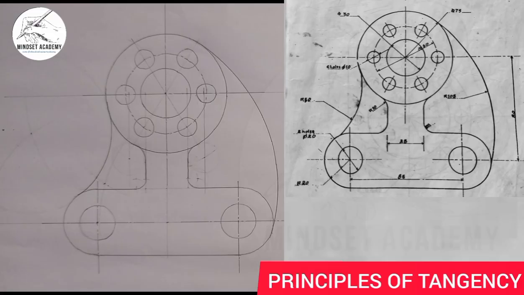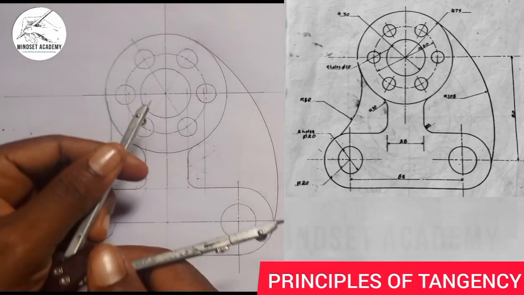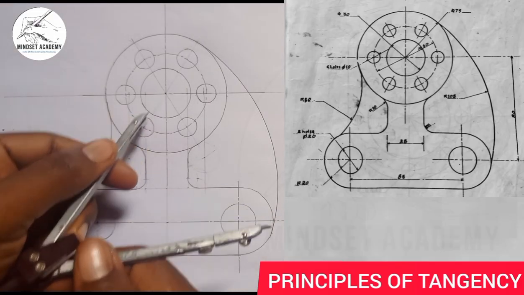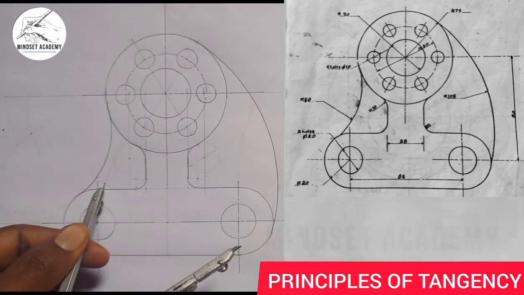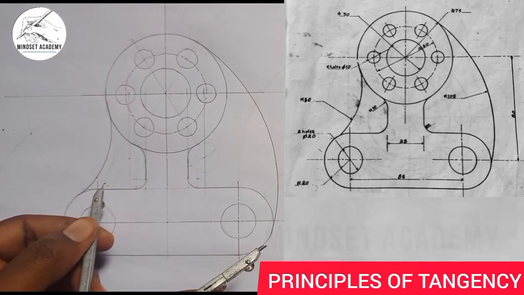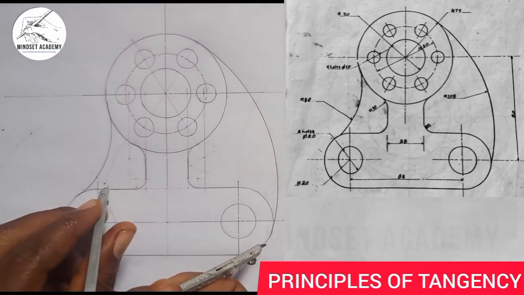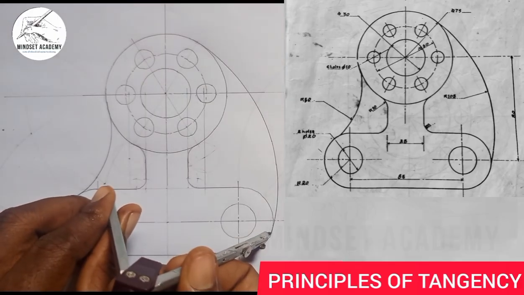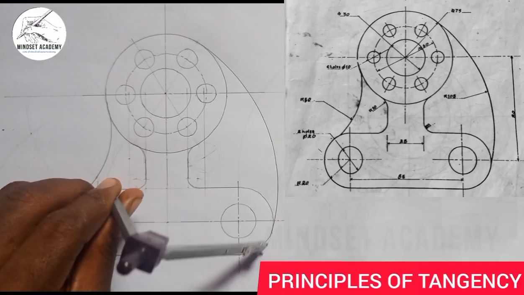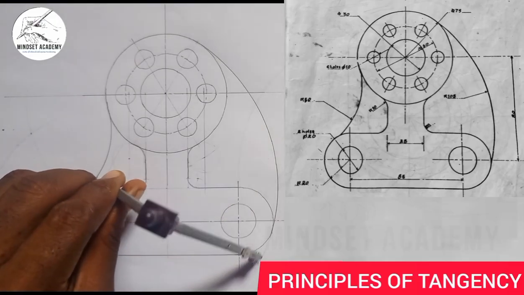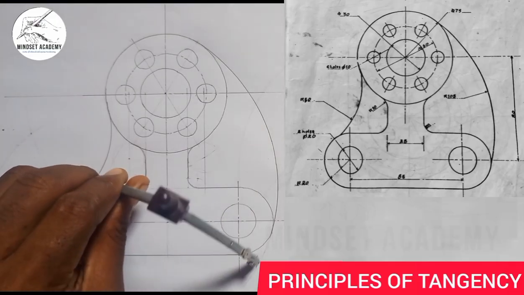So what do you notice here? For educational purpose, since I placed it here to get this arc here, I told you to come down a little bit due to that. So I'm having this. So look at this circle. See what I'm actually showing you here.